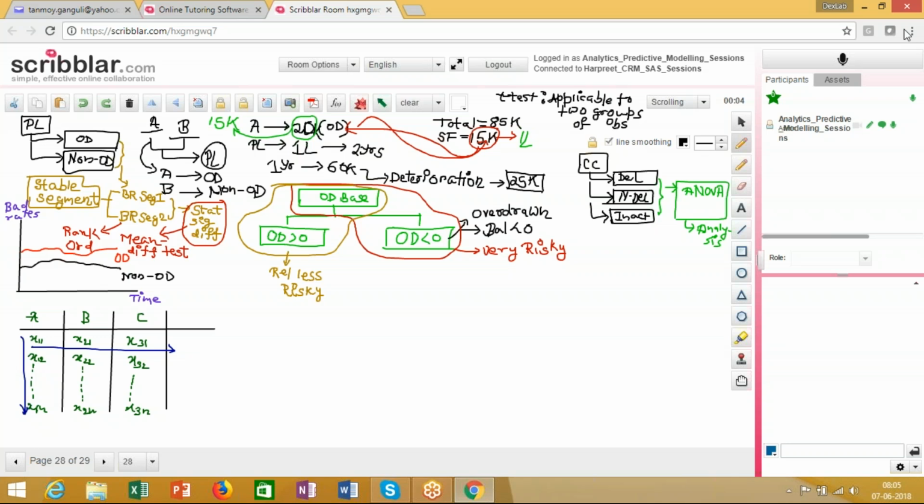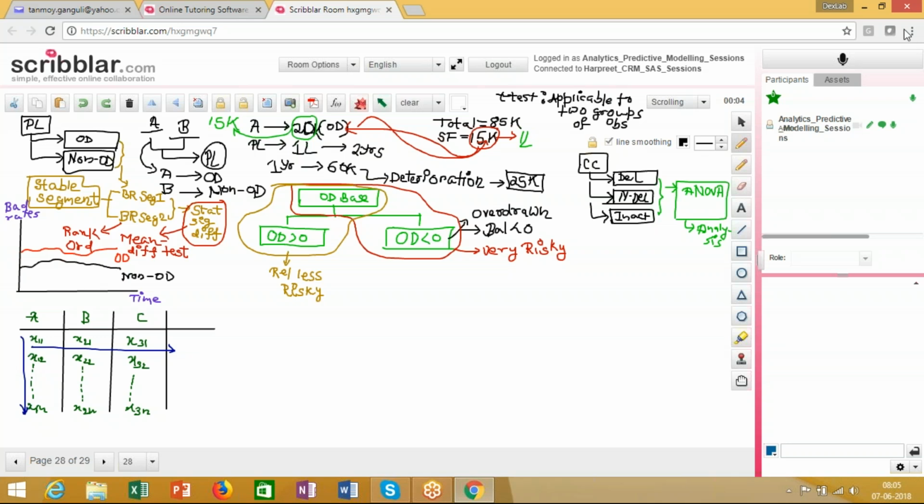But to know whether the segments that we have created are proper segments or not, we need to assess how the behavior is. So whether these segments are stable or not, and to assess the stability of the segment, we need to understand the mean difference test.